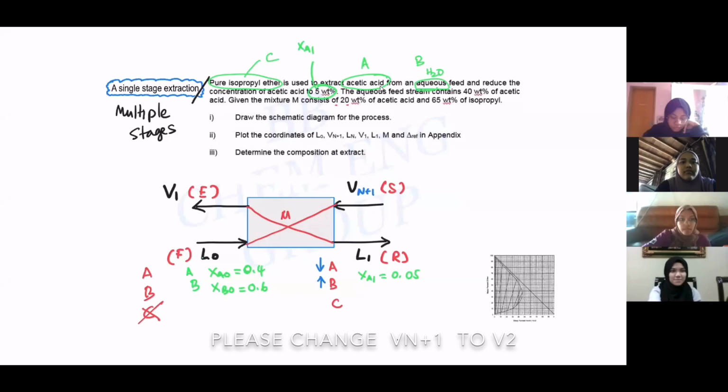And there should be a little bit of solvent, because most of the solvent should be collected at your extract, here.